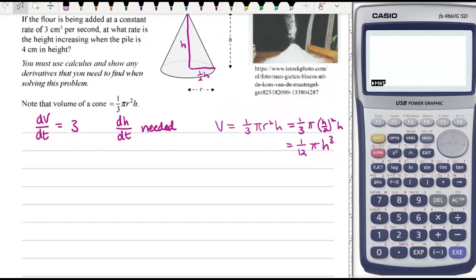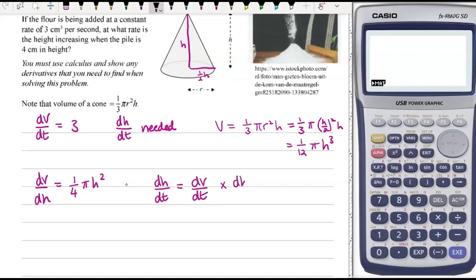Now we can differentiate dV with respect to h, so dV by dh, taking this formula and differentiating it. Bring the 3 down, 3 over 12, which cancels to 1/4 pi, and then reduce the power of h by 1, so 1/4 pi h squared. To find dh by dt, start with the thing we know, dV by dt, and what do we need to multiply that by?